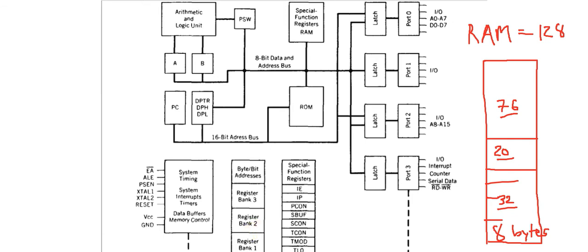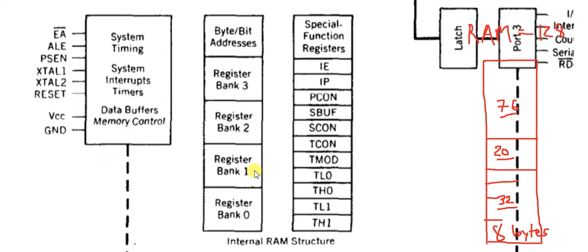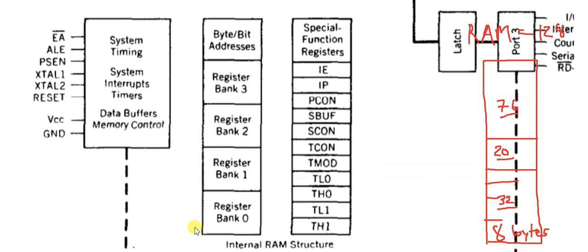As you can see, these are the 4 banks, having the names bank 0, bank 1, bank 2 and bank 3.